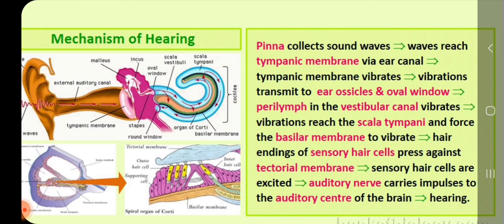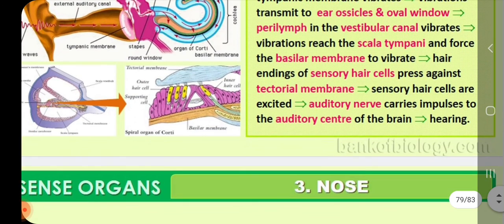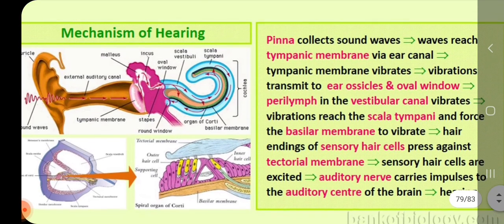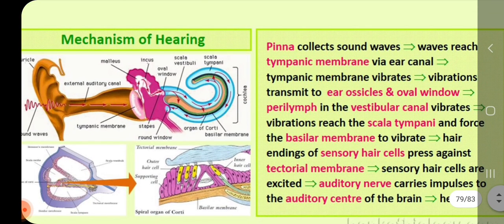When the tectorial membrane is pressed, it results in the transmission of nerve impulses, and those nerve impulses which are generated are carried by the afferent nerve fibers to the brain.